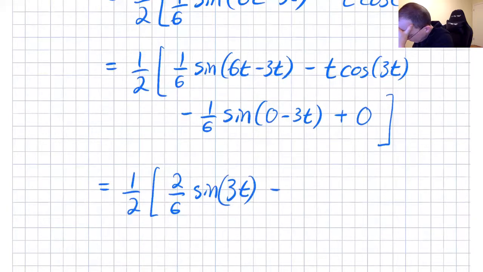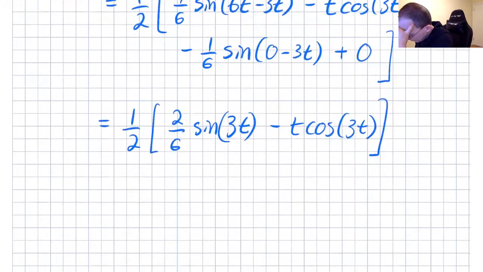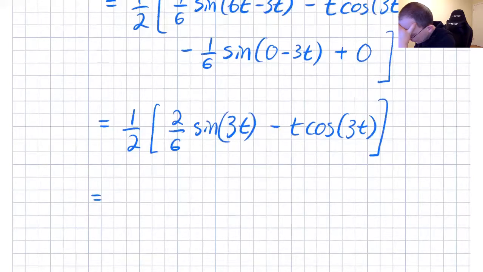And then here we have minus t cosine 3t. So this is 1/3.